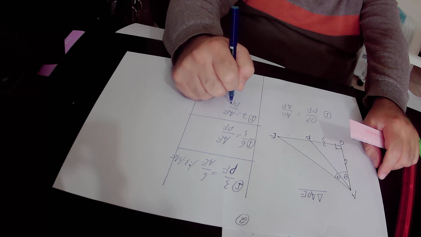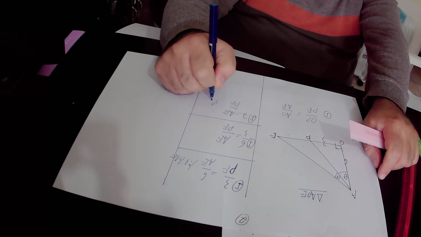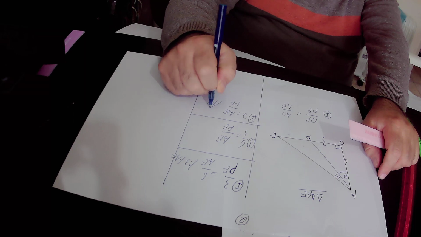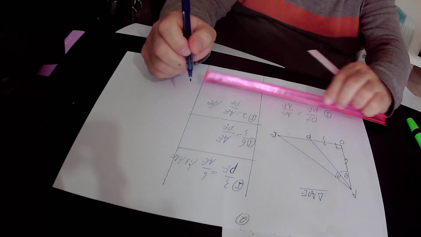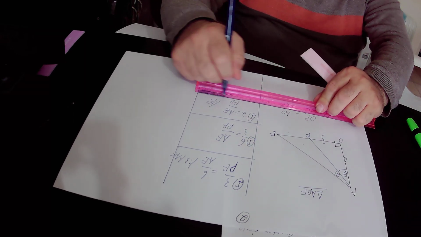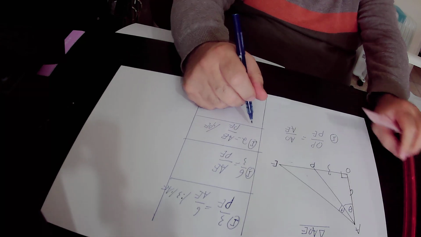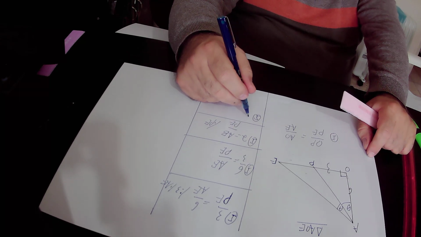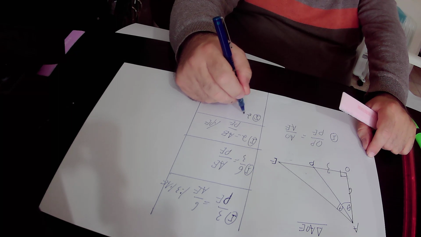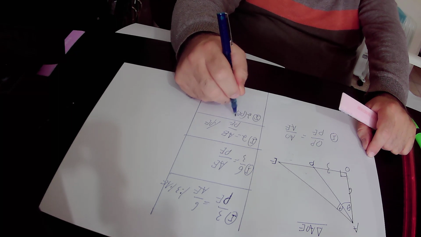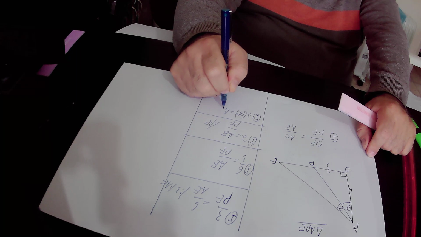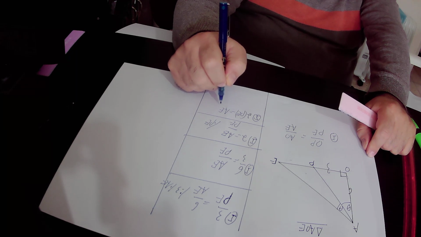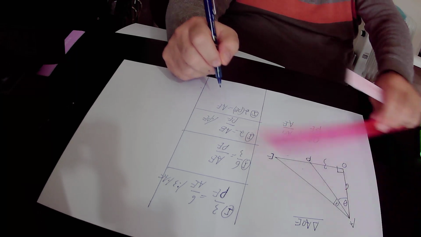Here we will multiply this equation by PE, and we get that 2 times PE equals AE, that is to say AE is twice as long as PE.